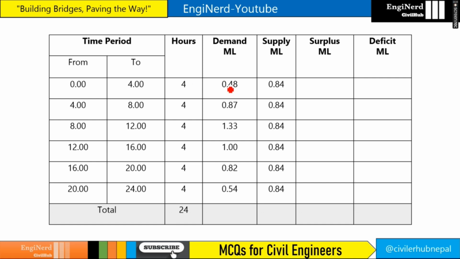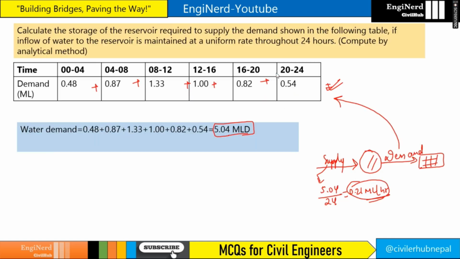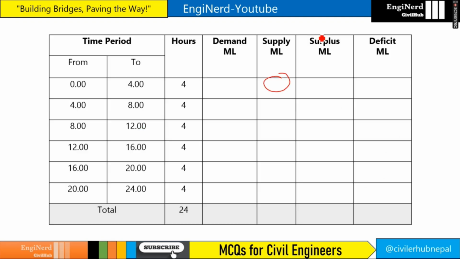For the supply part, it will be 0.84, which we have already calculated here: 0.21 into time, so 0.21 into 4 is 0.84. All of these values are the same because the supply is uniformly distributed throughout 24 hours.